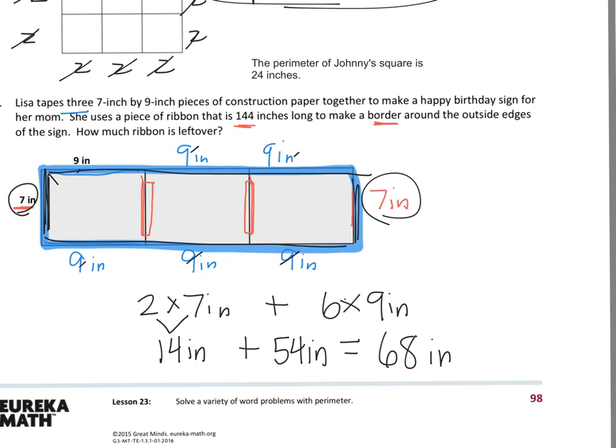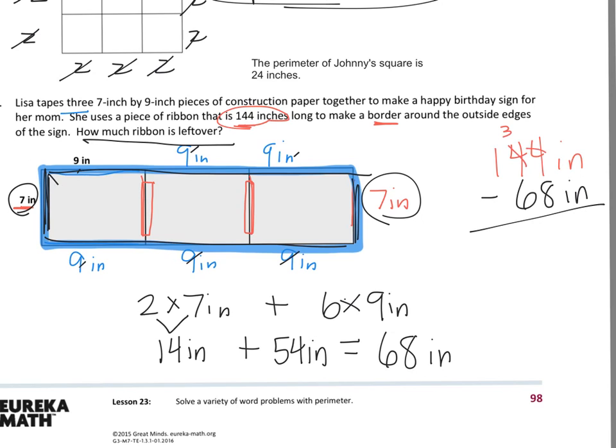But we have that last part. She uses 144 inches of ribbon to make the border. We want to know if she just does the border, how much ribbon is left. So I'm going to subtract out the amount she uses for the perimeter of this birthday sign, and that's going to tell me what she has left over.